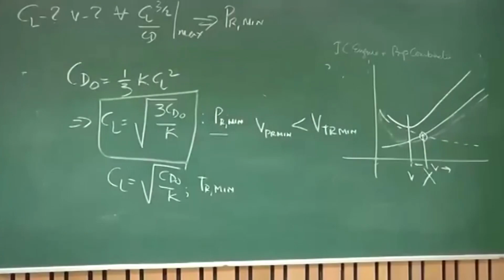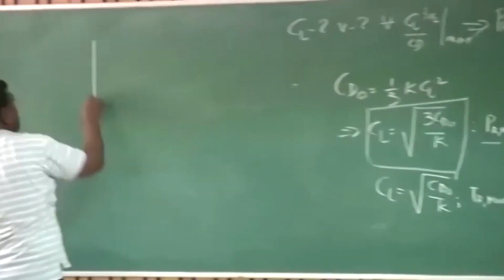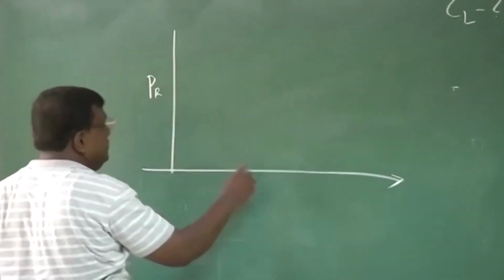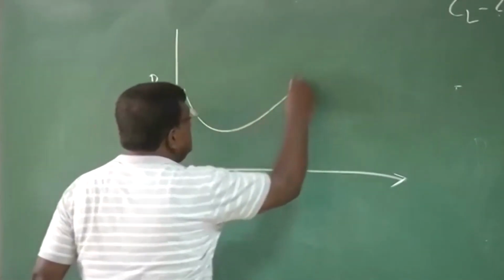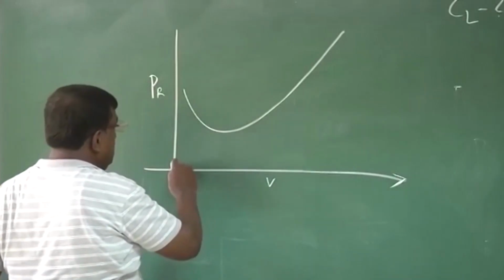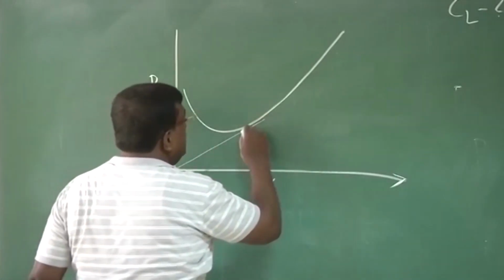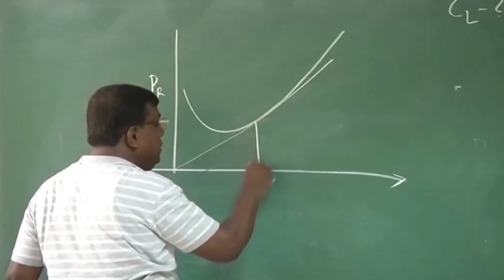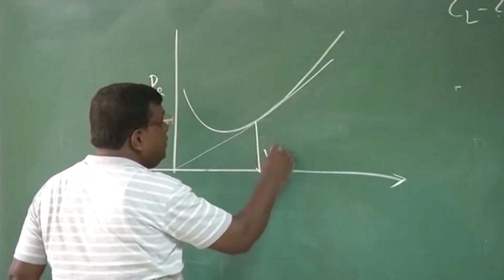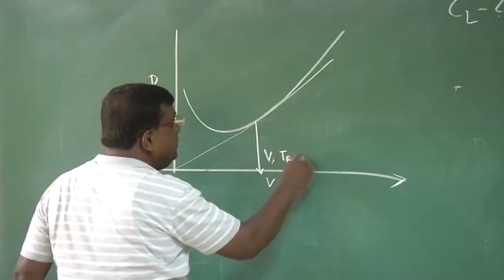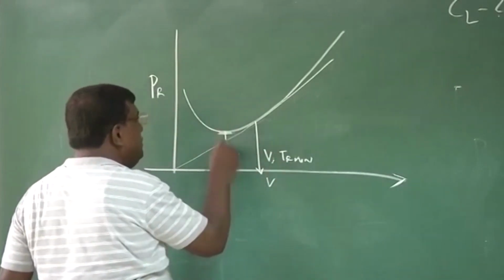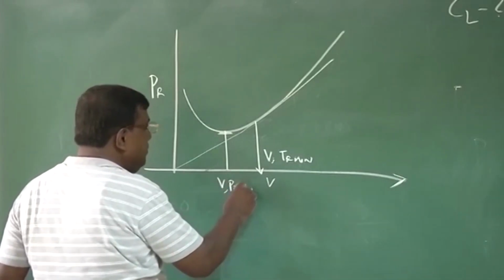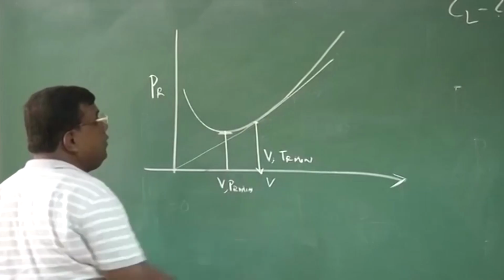Right? Another interesting thing we can see from the power required versus velocity graph. If I draw a tangent, then this point will correspond to V for thrust required minimum, and of course this point is V for PR minimum. Why this point for thrust required minimum?